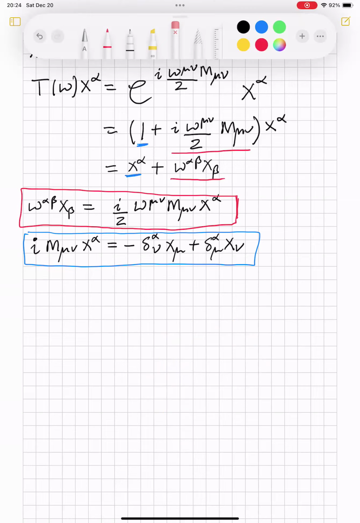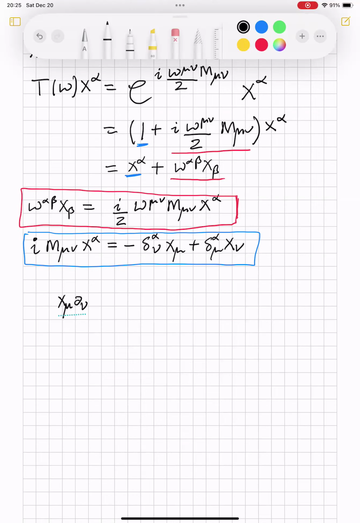So what does this equation look like? Let's maybe go back to black. Well, these delta functions, we know where those come from. Those come from acting with a derivative. So if we want to get this delta alpha nu, we know we should have a d nu inside the M mu nu. And we've got an x mu downstairs. So let's put an x mu downstairs. And then there's a minus sign.